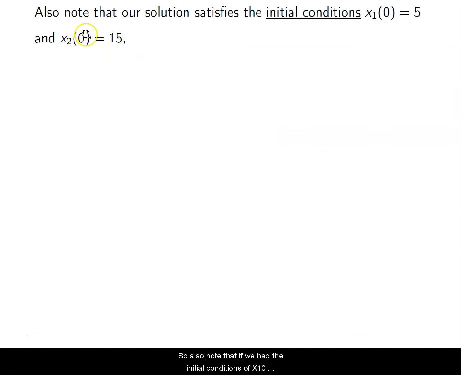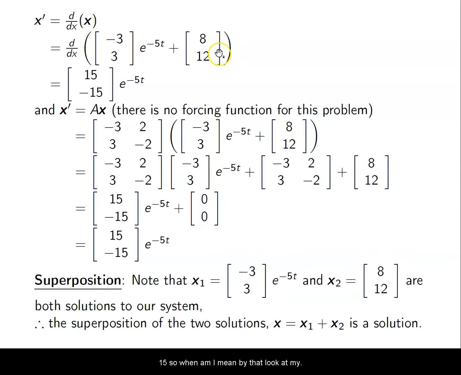Right. So also note that if we had the initial conditions of x1 of 0 equals 5 and x2 of 0 equals 15, we would still have our solution, right? So x of 0 would be 5 and 15. So what do I mean by that? Look at my solution matrix here.